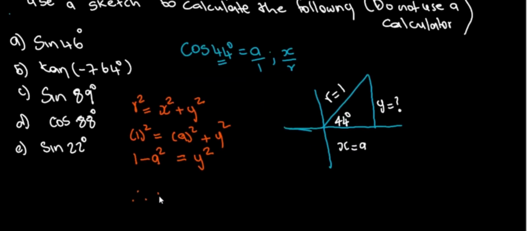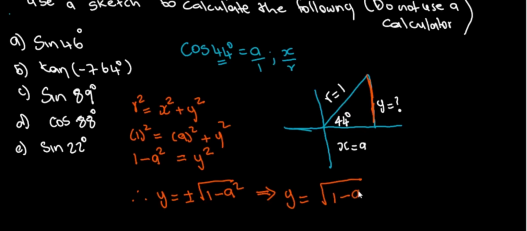When you do that, y will be plus or minus. I always say plus or minus. Then that's when you can decide on the value of y. This is in quadrant 1, and all of them are positive in quadrant 1. Therefore, the value of y is the root of 1 minus A squared.